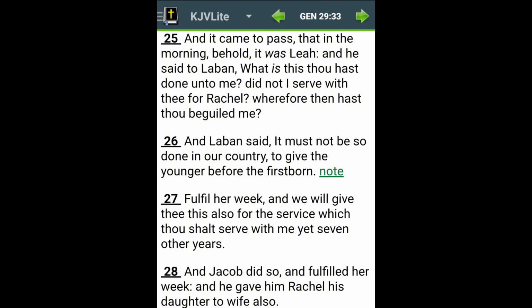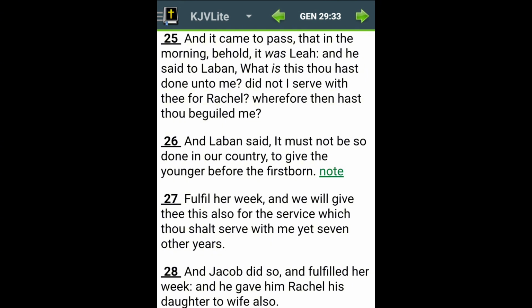Verse 26, and Laban says, "It must not be so done in our country to give the younger before the firstborn." And Laban makes a new contract in verse 27, "Fulfill her week, and we will give thee this also for the service which thou shalt serve with me yet 7 other years."